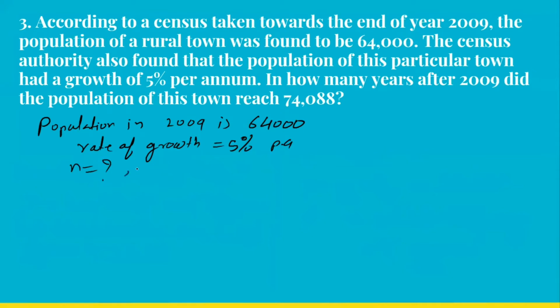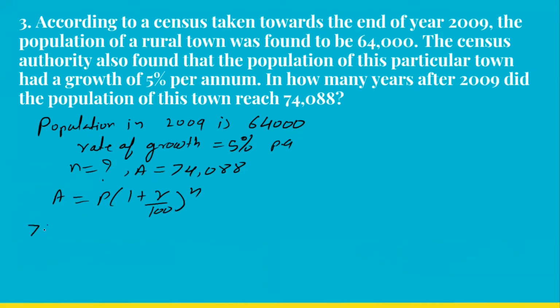So you have A, that is the final population, which is going to be 74,088. So this is going to be your A. Since there is a growth, we will put the formula P in bracket. So you have A is equal to P in bracket 1 plus R upon 100 raised to N. So your A, that is the population, after how many years has the population become this much.